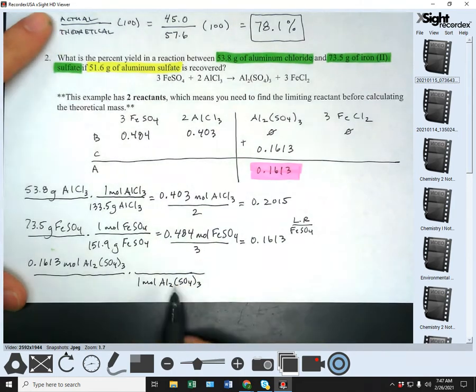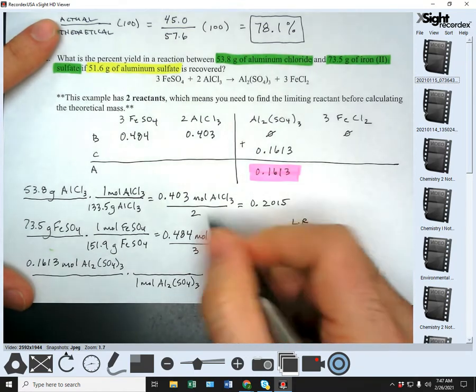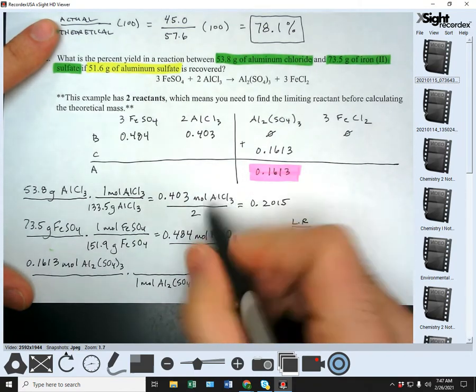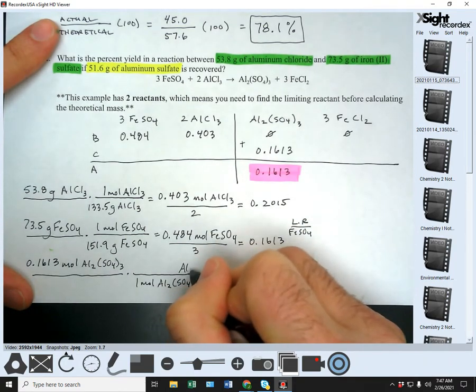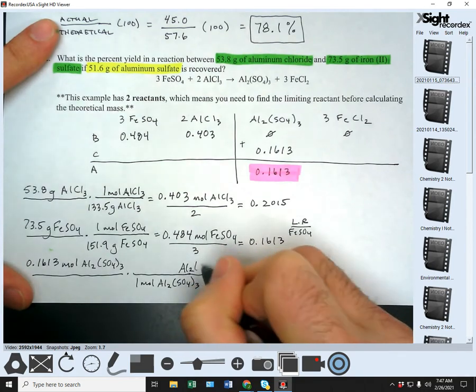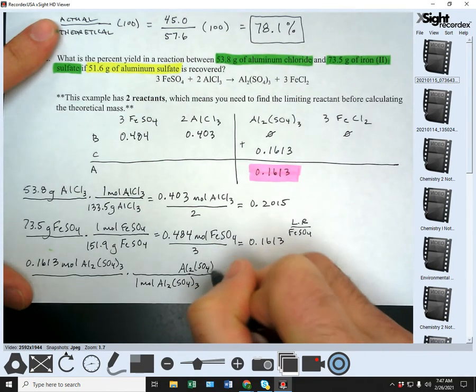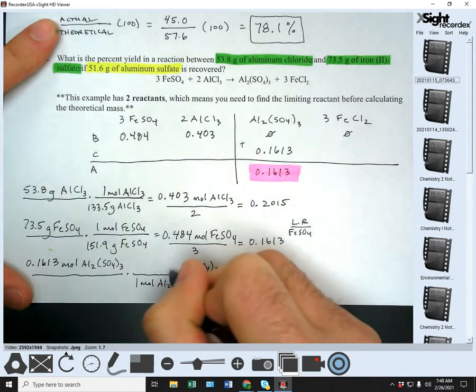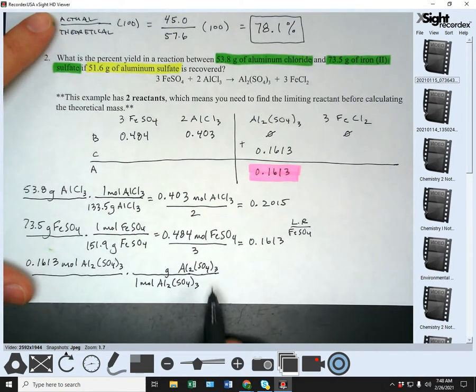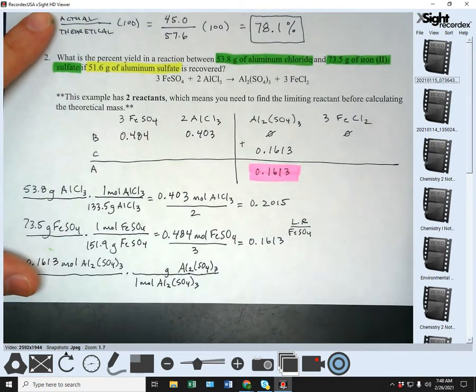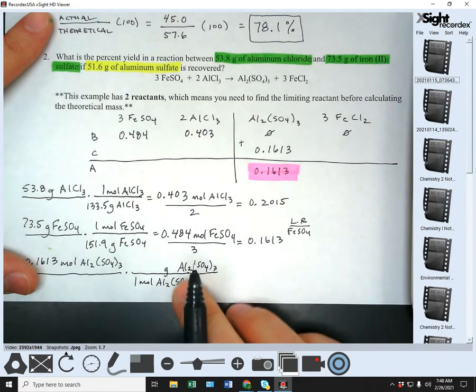Now, this one's got some pretty big math, or you got to kind of watch your stuff on this when you're doing the mass of it. So the 2 just goes to the aluminum.